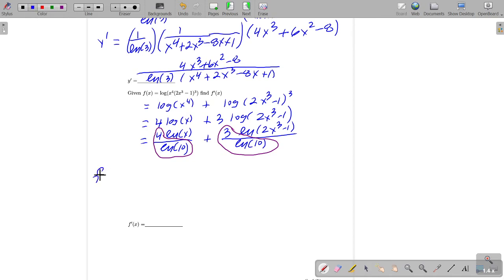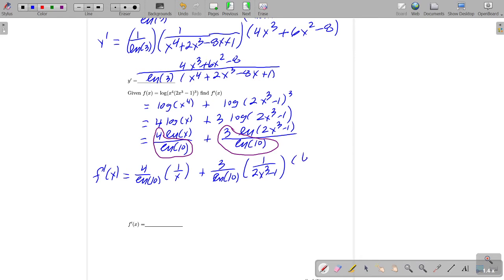So f prime of x equals 4 over natural log of 10 times the derivative of log of x, which is 1 over x, plus 3 over natural log of 10 times 1 over 2x cubed minus 1.